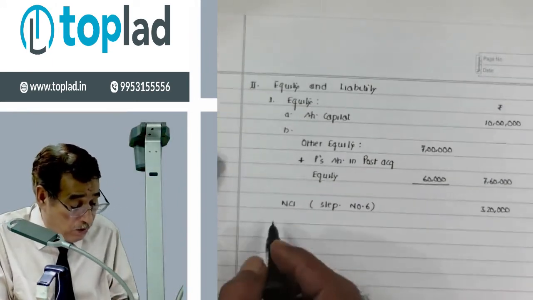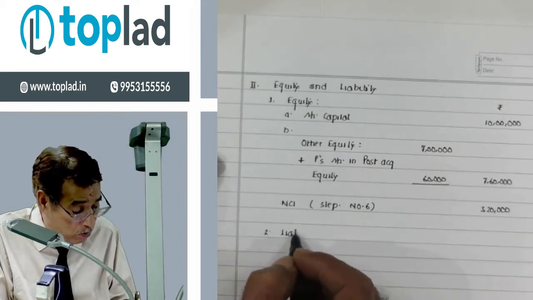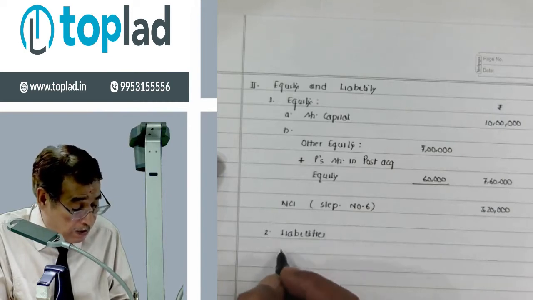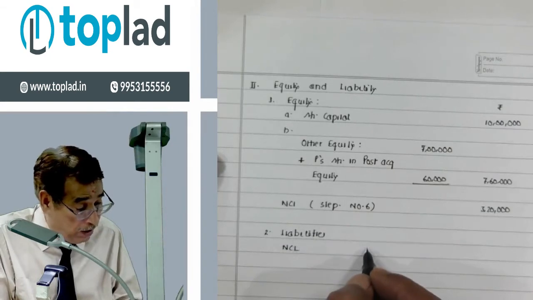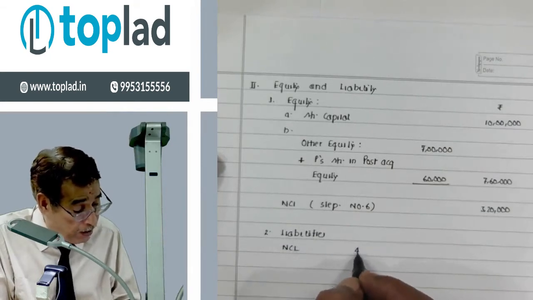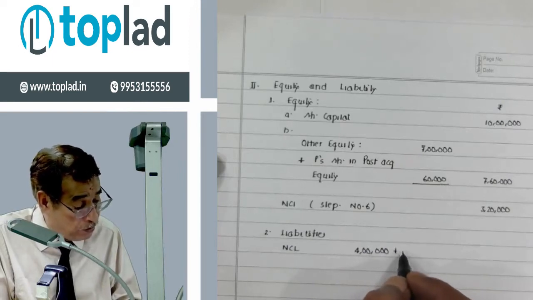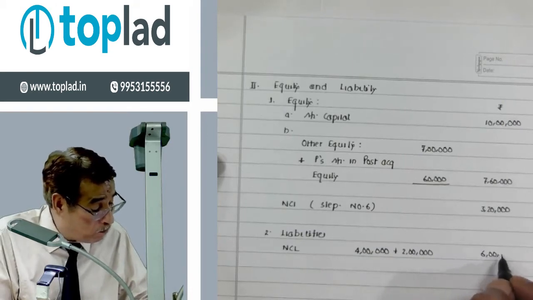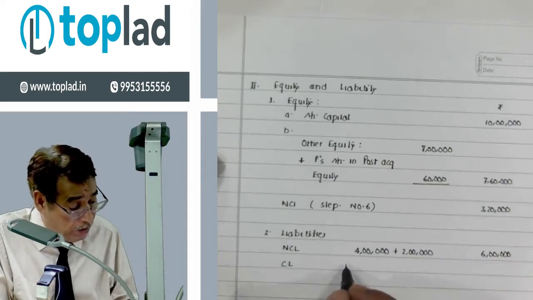Then you have to write here liabilities. As far as liabilities are concerned, first of all, non-current liabilities. Ours was 4 lakh and our subsidiary company's was 2 lakhs. So we will write here 6 lakhs. Then we will write here current liability.